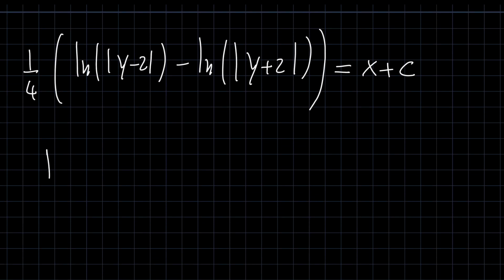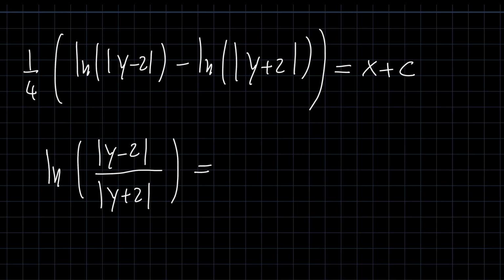So I get the log of the modulus of y minus 2 over the modulus of y plus 2, and this one has to be equal to 4x plus, I should get 4c, but since c is just a random constant, I can just keep calling it c. Great. Now, since I want to find y as a function of x, I have to exponentiate both sides.